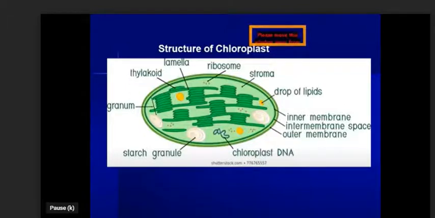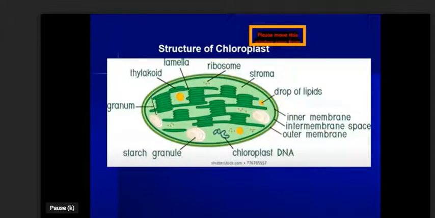One more question that is also asked is why the light reaction occurs in the grana and not in the stroma. The answer is that, as we know, the color is green. Inside the thylakoid there is a chlorophyll molecule.